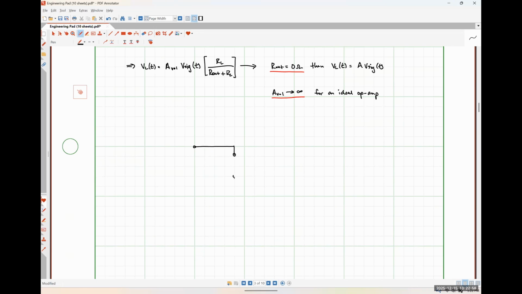So here is the open circuit for our amplifier input resistance. So I'm just going to make a note here, Rin is equal to infinity.